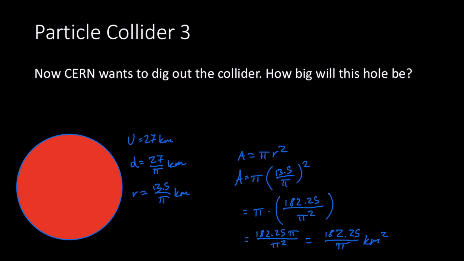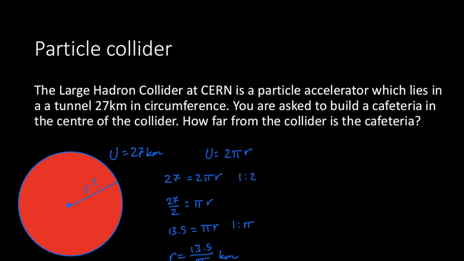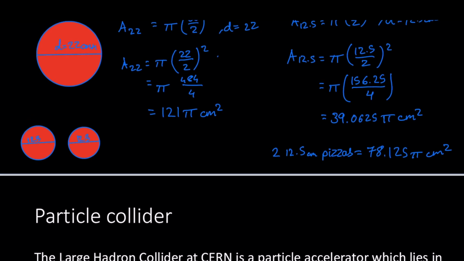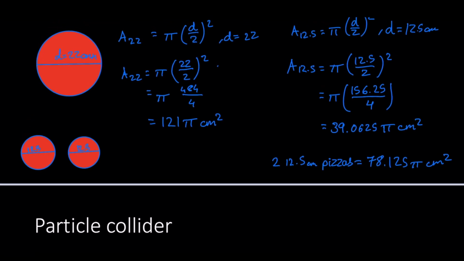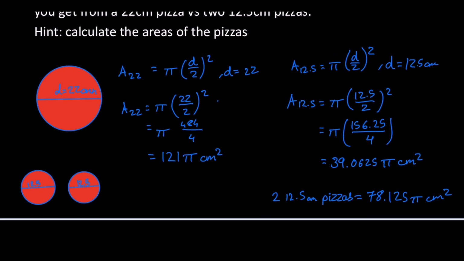And that's the final answer. So yeah, these are a couple of examples. There is another type of question that we didn't go through, which would be to find the diameter given an area.